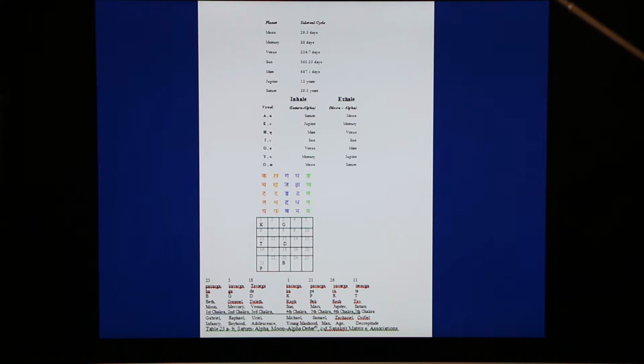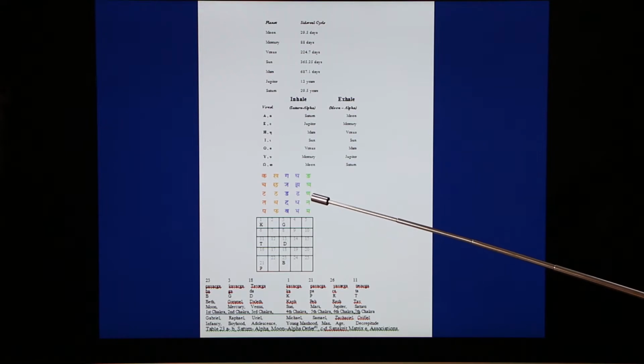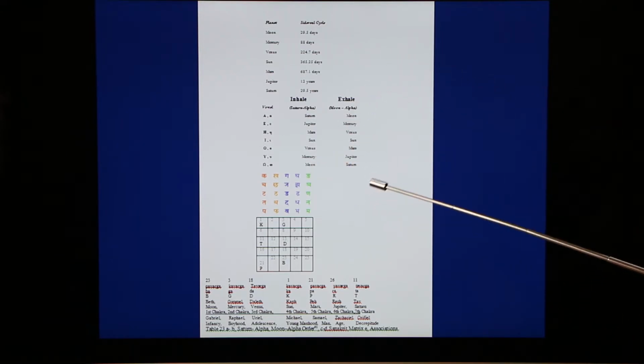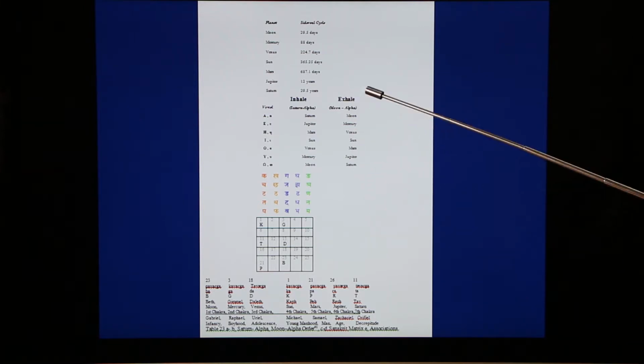And that is one cycle. It's called the Saturn alpha cycle, and that is linked with inhaling. And now I exhale, and then I go from Saturn down to the Moon.